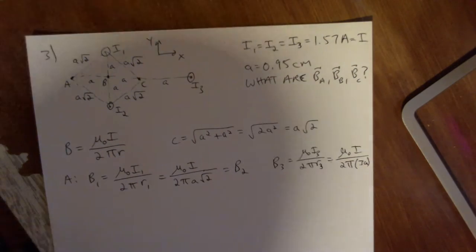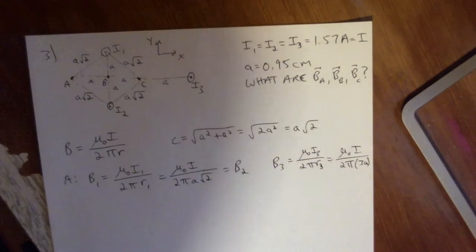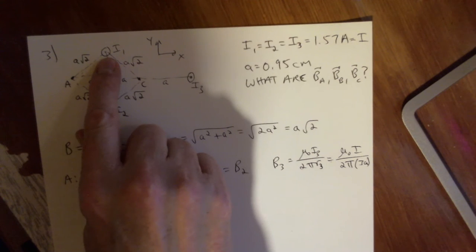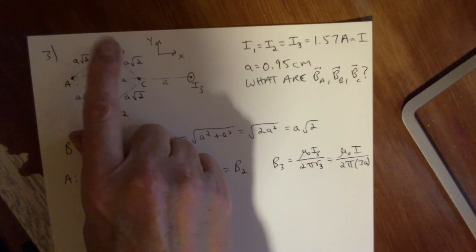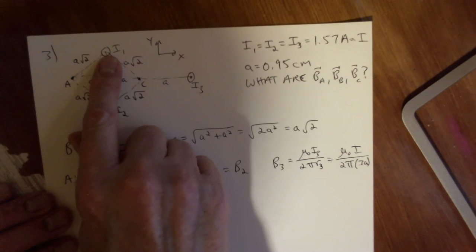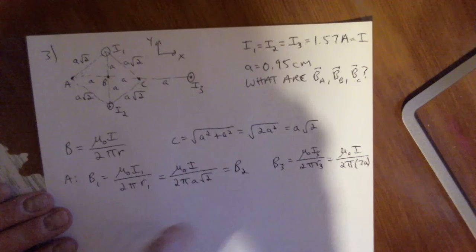To do that, you need to figure the direction of the B field due to each current at the point A. So think about current 1. It's a long straight current, so the B field it generates is tangent to a circle centered at current 1. The Amperian loop for the long straight wire is a circle.